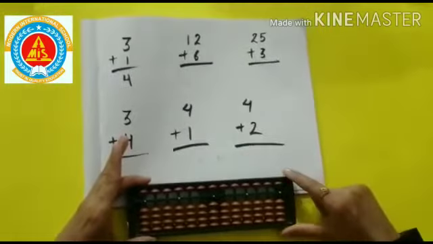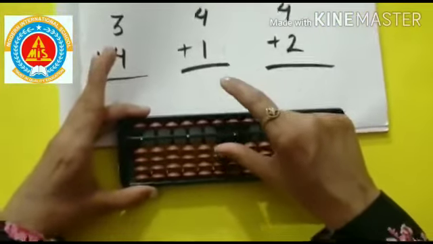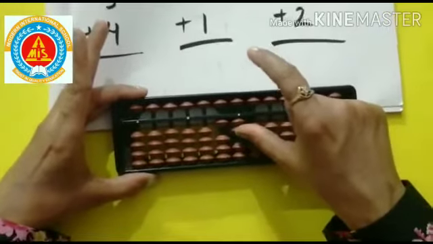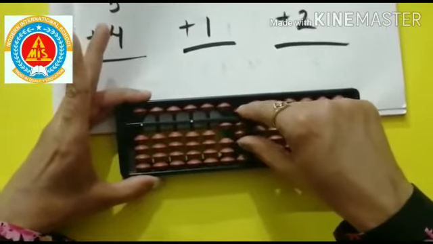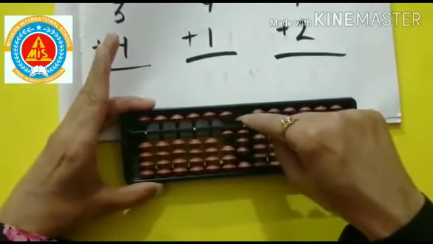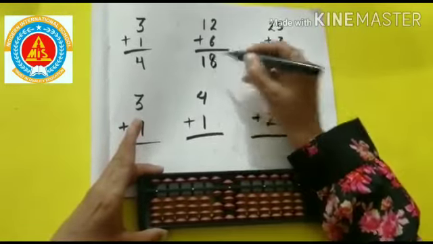12 plus 6. We have to take 12 on beads. For that 10 plus 2, and then 5 plus 1 is 6, and then add 10 plus 5 is 15, and 3 is 18. It will become 18.